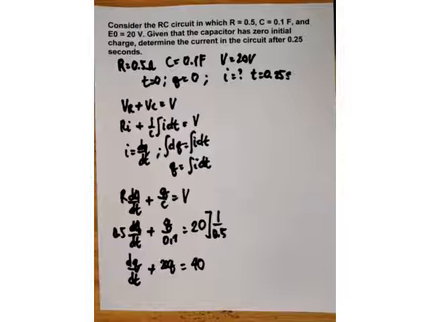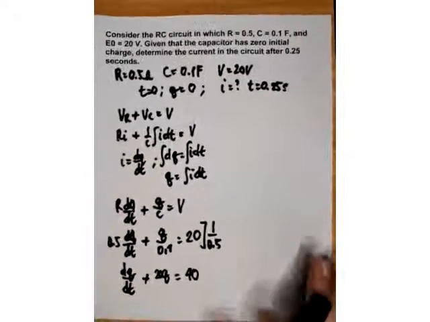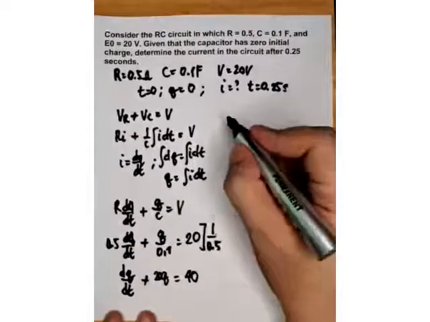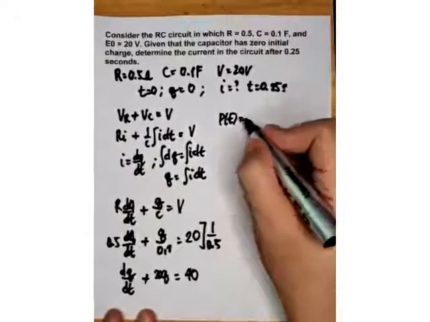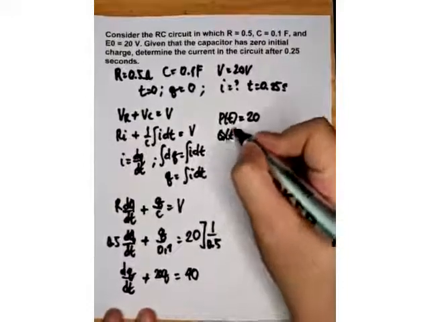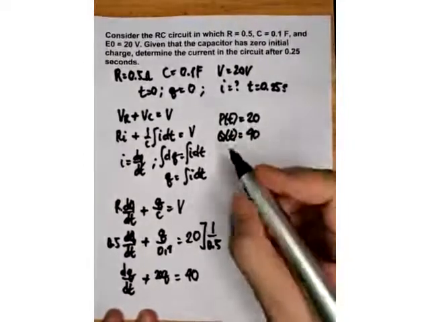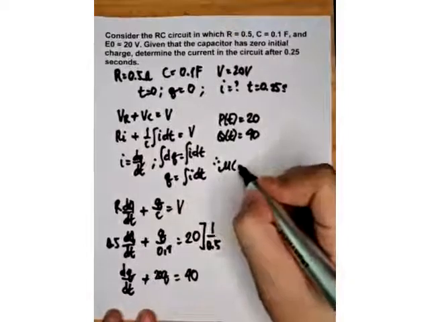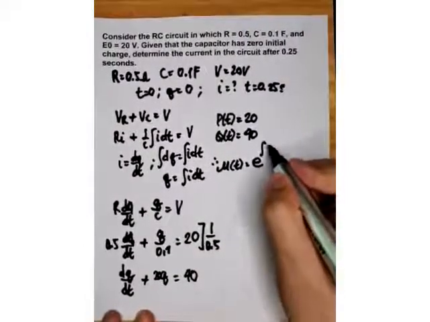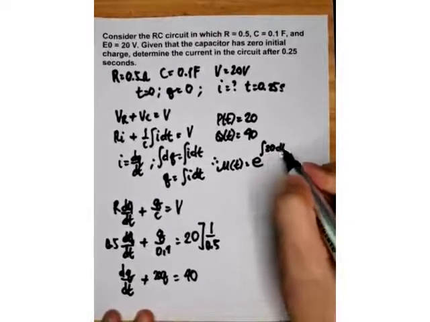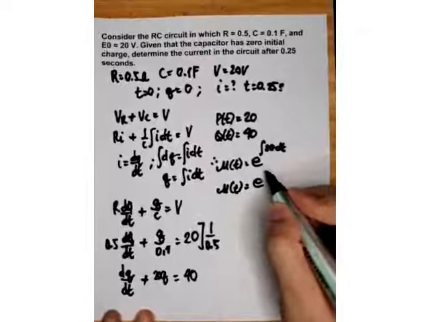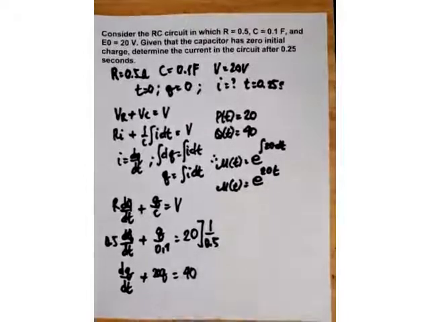Ngayon, pwede natin siyang i-solve kasi linear na siya. Tama ba? Linear siya. So, therefore, ang P of t natin ay equal sa 20, and then yung Q of t natin ay equal sa 40. So, therefore, the integrating factor is equal to e raised to the integral of 20 dt, or e raised to 20t.